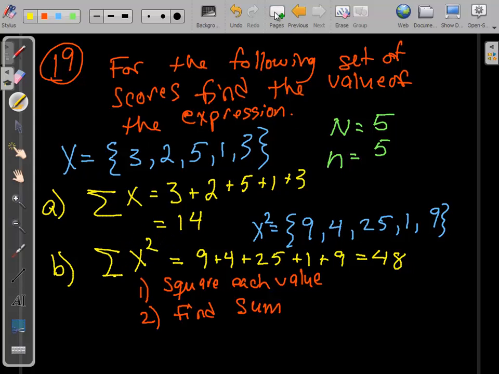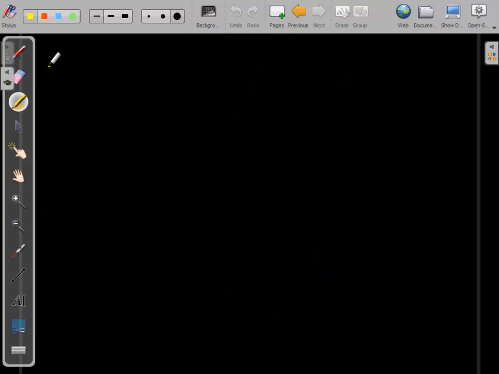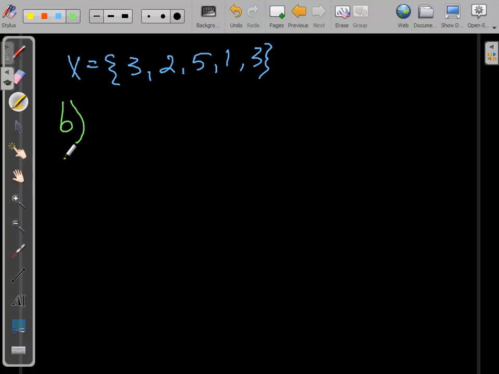Okay, let's take a look at the next one. So again, let me write our list x. We have 3, 2, 5, 1, and 3. Okay, so this one, we have in parentheses the sum of x, squared.